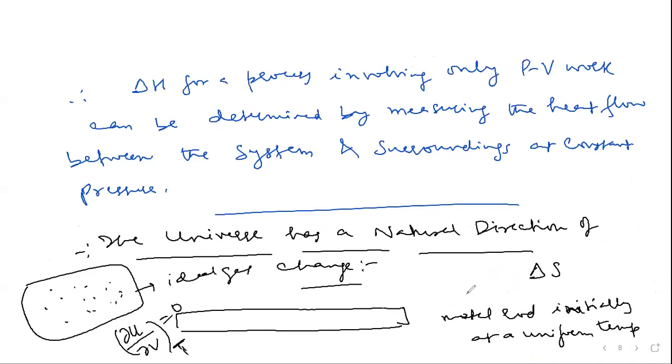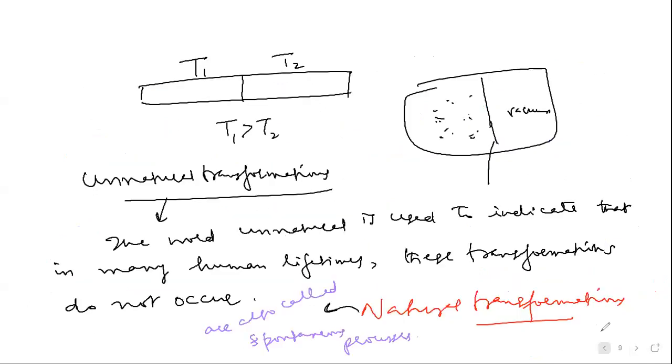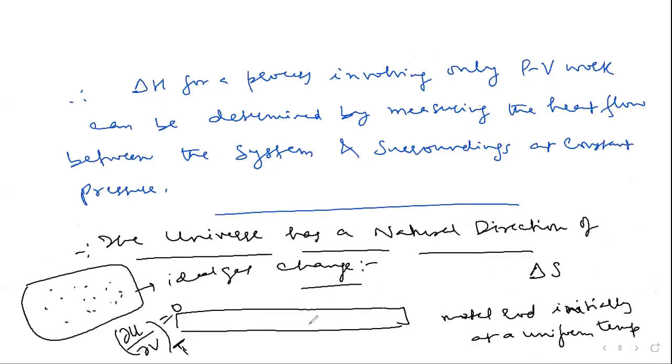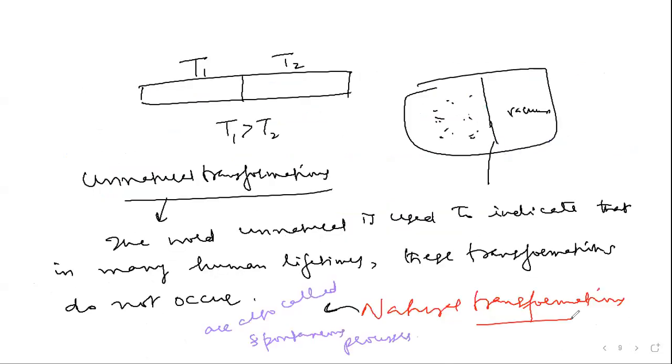Then we said the universe has a natural direction. We said there are some processes which are called natural processes, some are called unnatural processes. We discussed the metal rod initially at uniform temperature and the ideal gas initially uniformly distributed in an adiabatic enclosure. And we discussed that the processes can be unnatural or non-spontaneous.